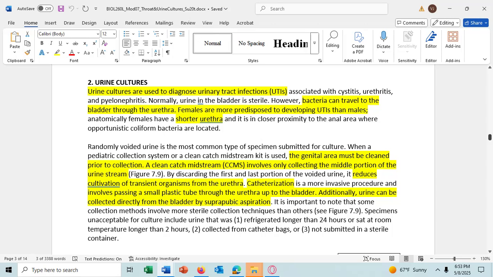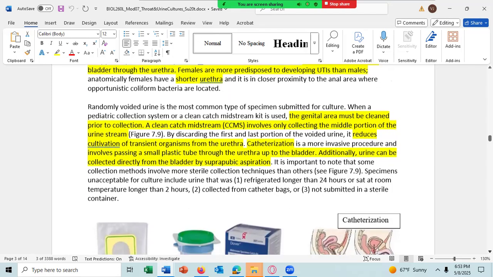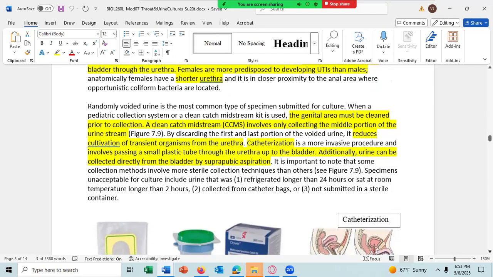Females are more predisposed than males to developing UTIs because females have a shorter urethra. To sample for a UTI, patients can be sampled in one of three ways.